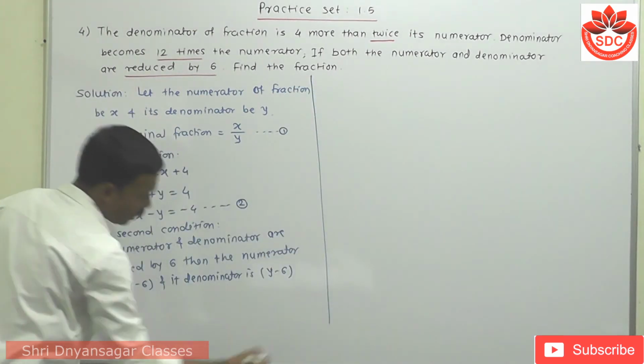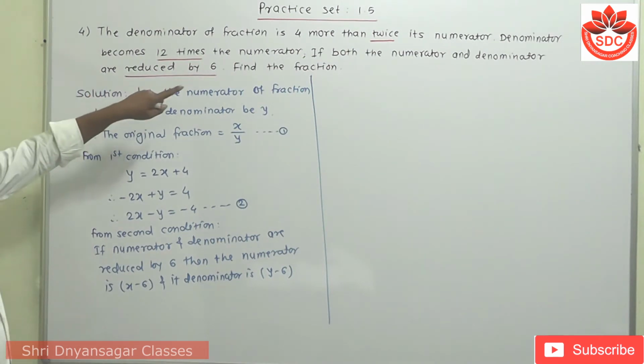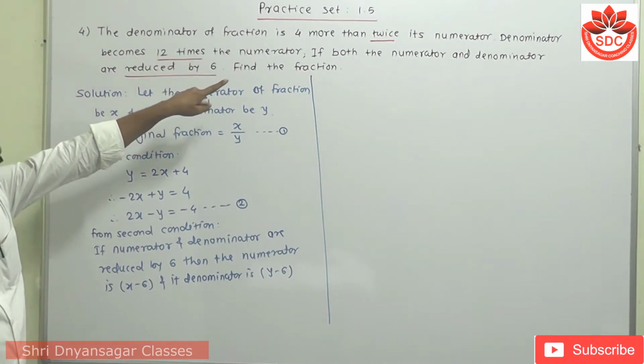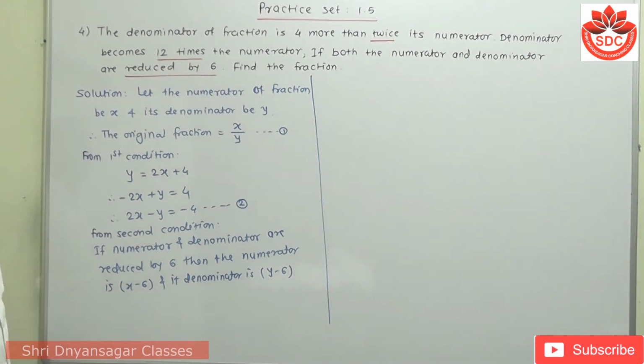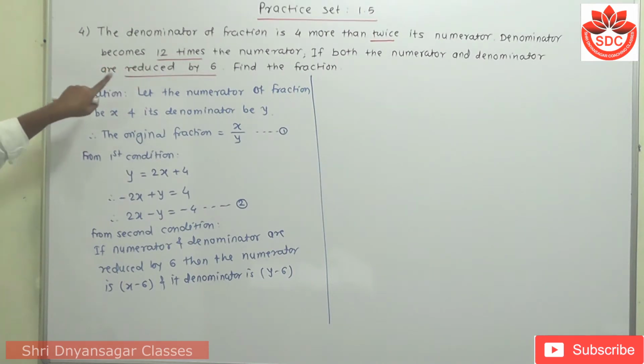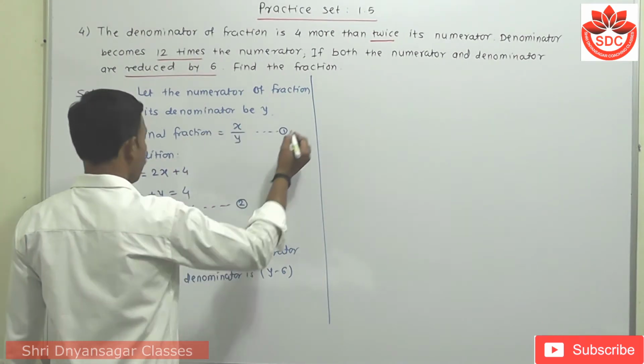Now by using the second condition, the denominator becomes 12 times the numerator if both the numerator and denominator are reduced by 6.